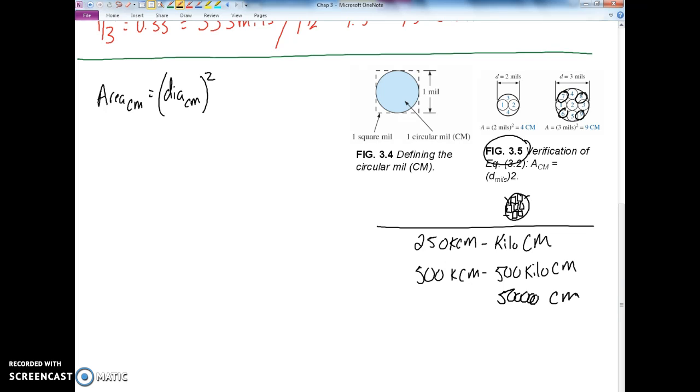Again, that is the area of that conductor in circular mils.